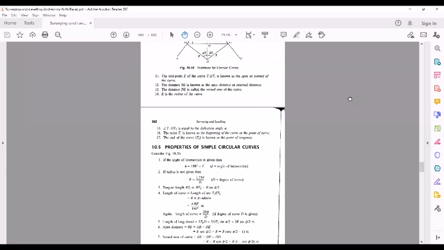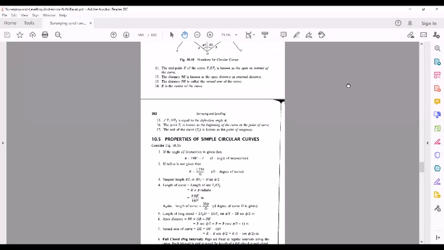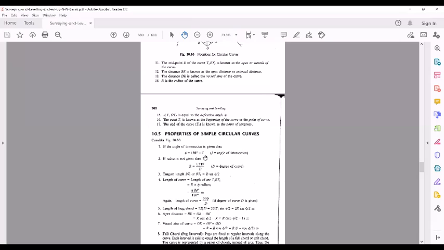Now let's discuss properties of the simple circular curve. The first is that if the angle of intersection is given, or if you're given the angle of deflection, you can find the other one using the simple relation where you subtract it from 180 degrees. Second, if the radius is not given and you're given the degree, then by using the relation between radius and degree, you can find the other one.